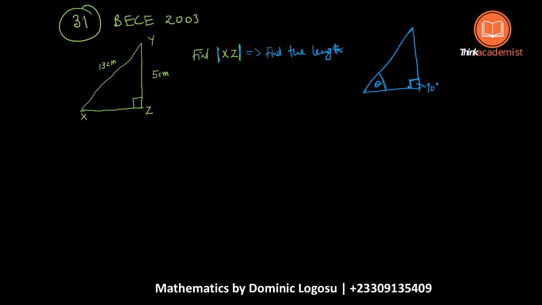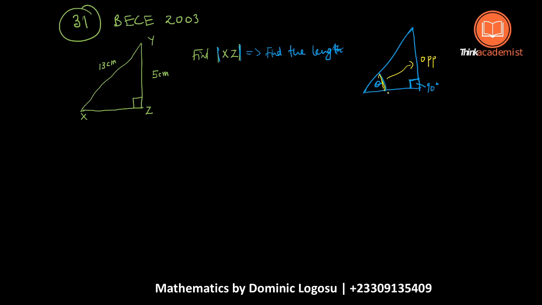It's not our main topic for today, but I'll rush through it quickly so that those who don't have knowledge about it will get a bit of knowledge and understand what we are about to do. So using the angle there as our reference point, this angle is opposite this line, so this portion is called opposite.